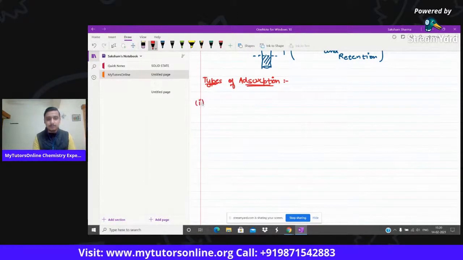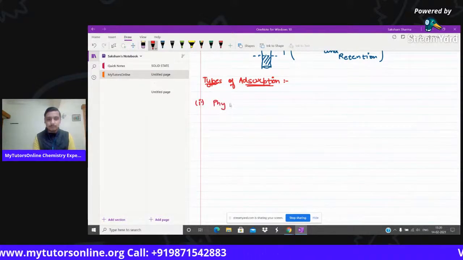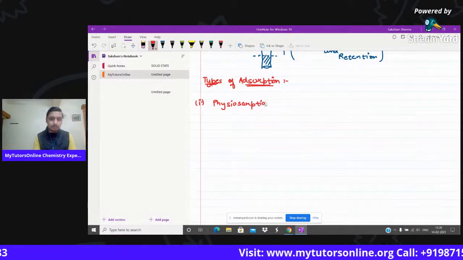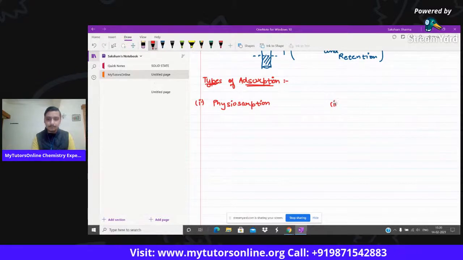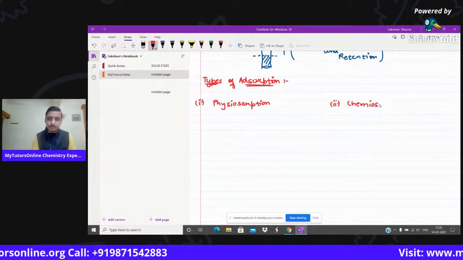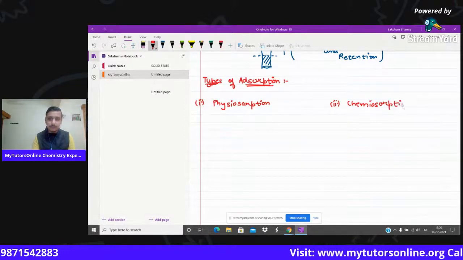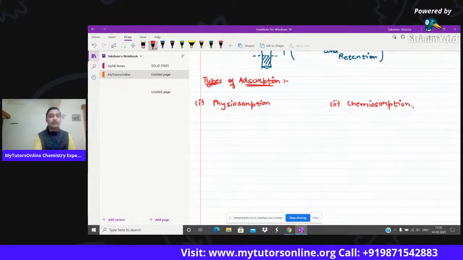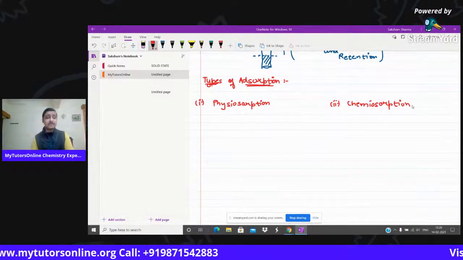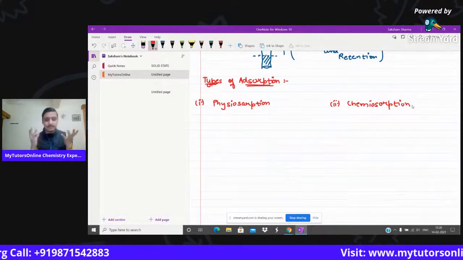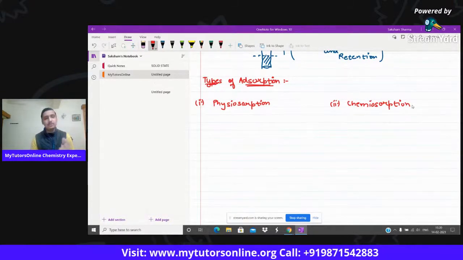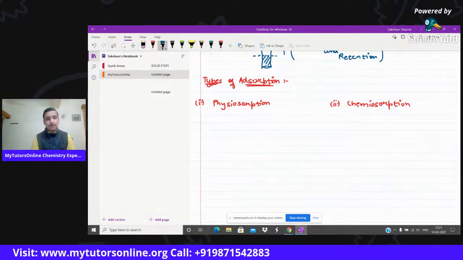My first type is physisorption, and my second type is chemisorption. So these are my two basic types of adsorption. Now, what is the difference between these two and what exactly happens? I will try to summarize this in a tabular format.